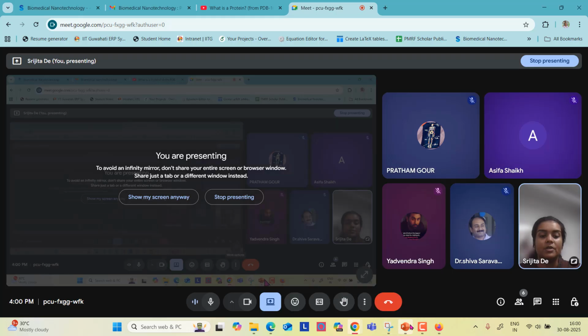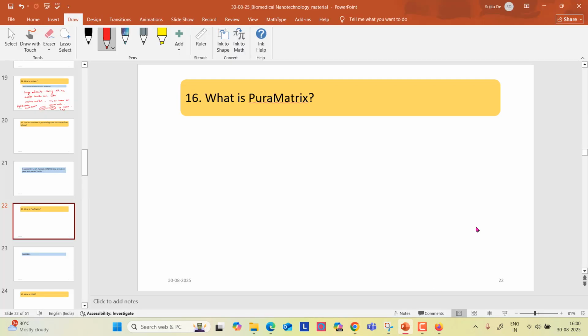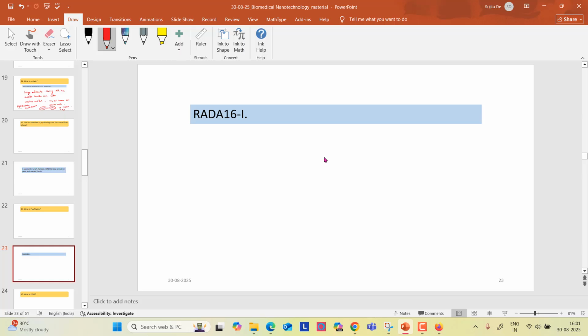Which one is PuraMatrix? So PuraMatrix is this. This is a peptide scaffold. This is one kind of peptide scaffold. Okay.